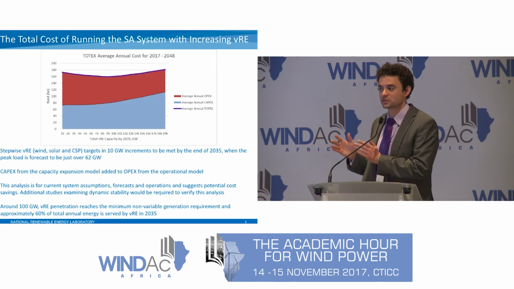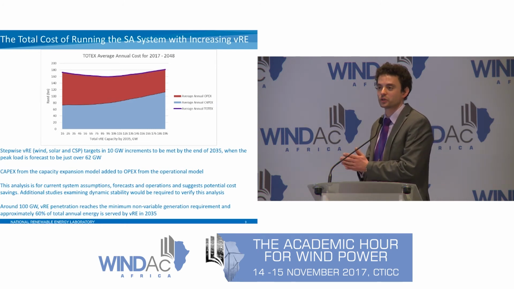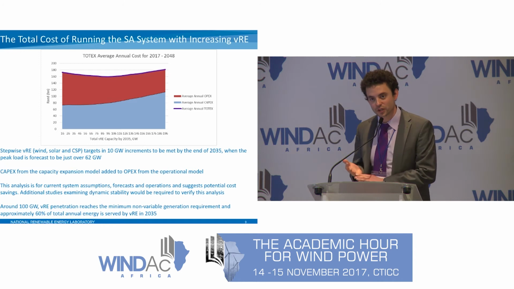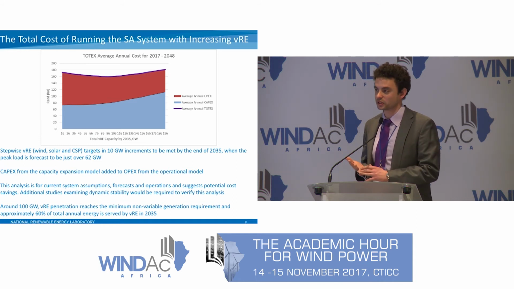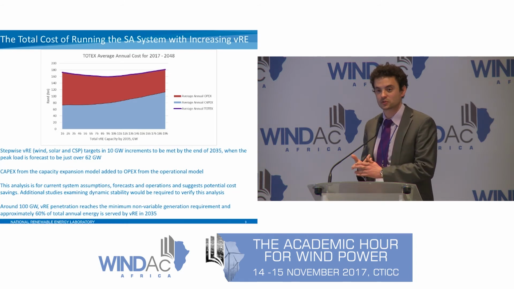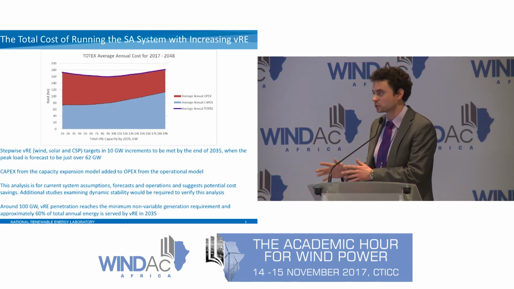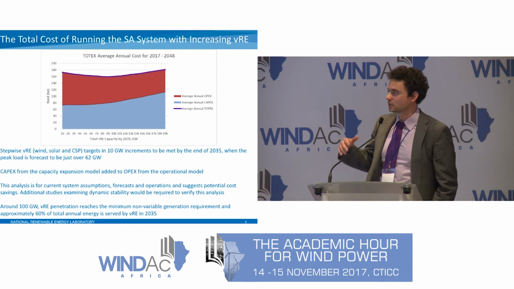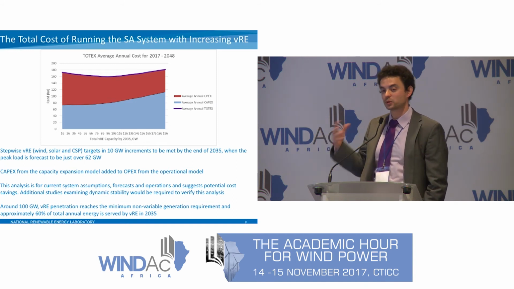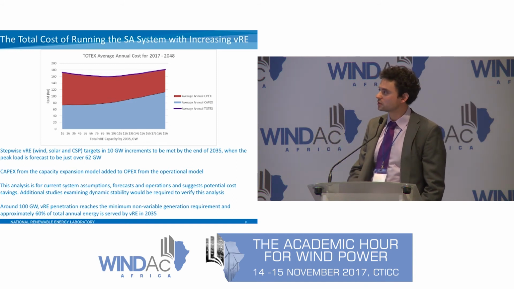So it will already have 6 if it does nothing. It's got a choice of building an extra 10, but what VRE it chooses to build, where it chooses to build it, and the same for thermal generation and everything else too, is completely optimized by the model. And then the capacity expansion model will come up with a build plan, and this will have a cost associated to it, and that's the blue region there.